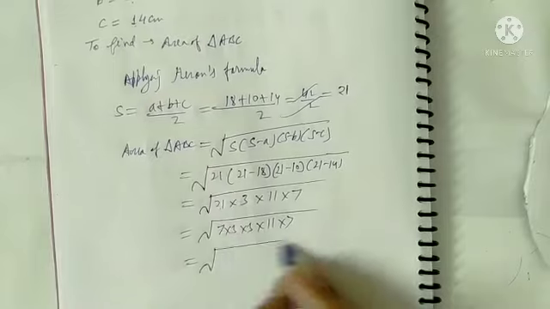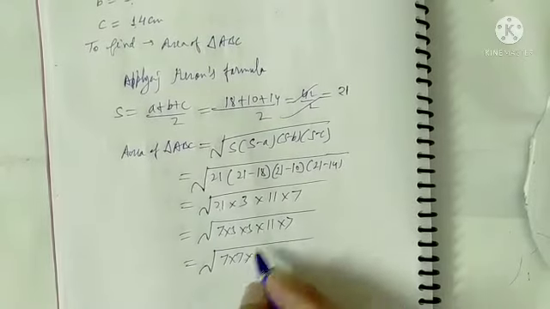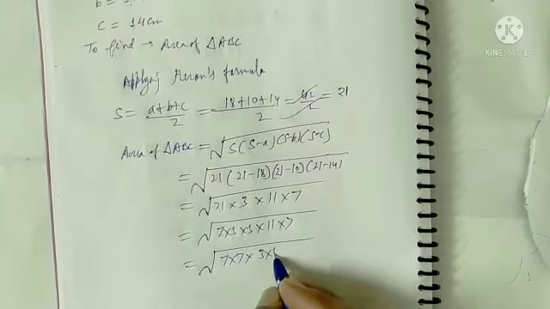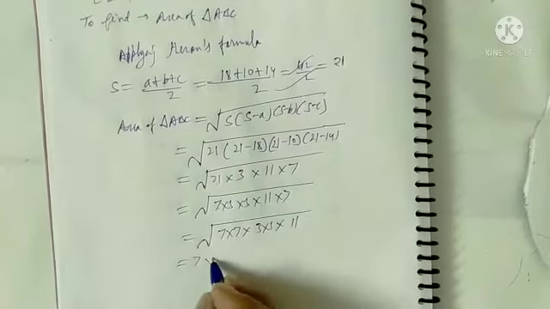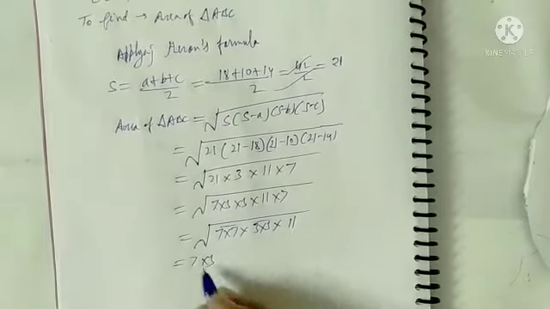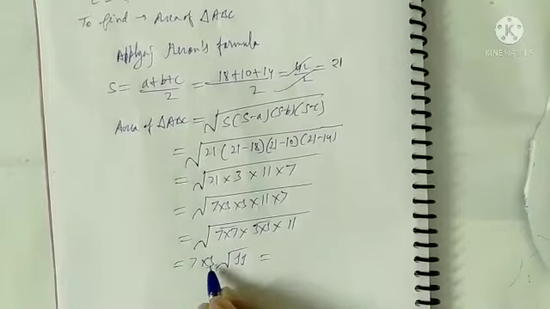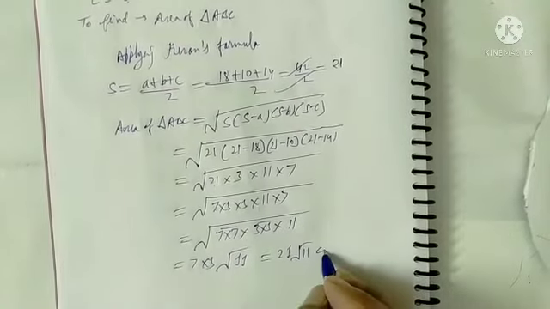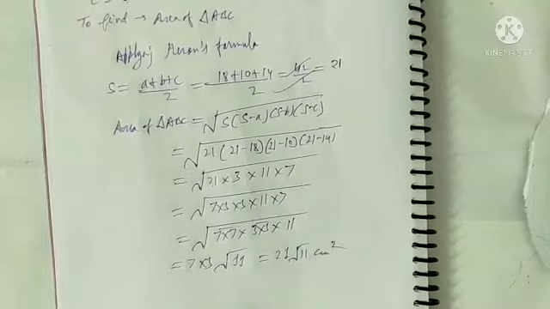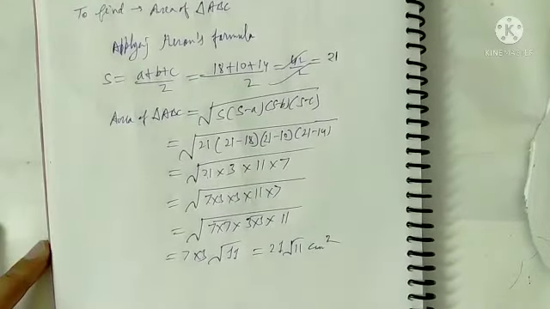Student, you can observe here one pair of 7, 7 and a pair of 3, and 11 remains unpaired. So take out 7 and 3 outside as they are paired, and 11 stays under root. Final answer: 7 3 are 21 under root 11 centimeter square is the area of this triangle. Very easily we have done.